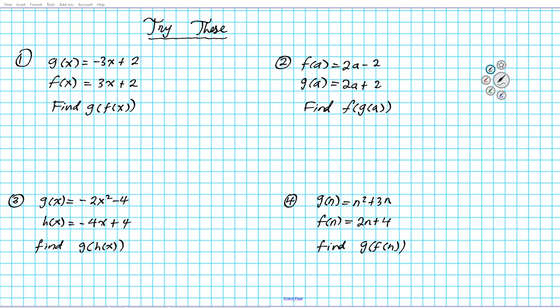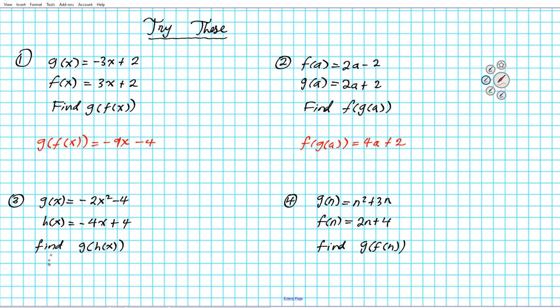Alrighty, welcome back. So let's take a look at the solutions to the problems. The answer to question number 1, g of f of x is negative 9x minus 4. For number 2, f of g of a is 4a plus 2.